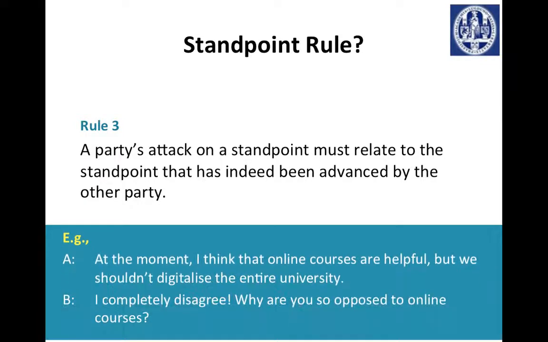Another situation in which you can see that something is going wrong with this standpoint rule is the following. So let's assume that A this time says, "At the moment, I think that online courses are helpful, but we shouldn't digitalize the entire university." And then B replies, "I completely disagree. Why are you so opposed to online courses?"